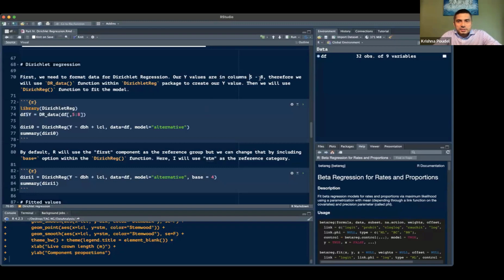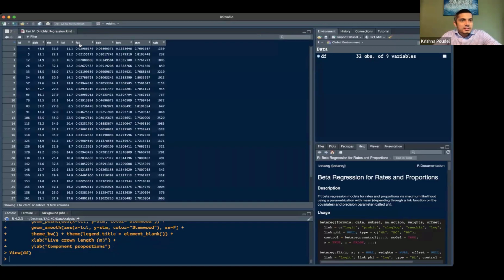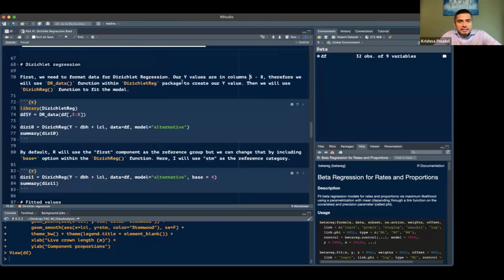We have y values, or 4 component biomass, in columns 5 through 8. Column 5 is foliage biomass, 6 is branch, 7 is bark, and 8 is stem wood biomass. So I need to specify that our y values are in the DF data frame and in columns 5 through 8.